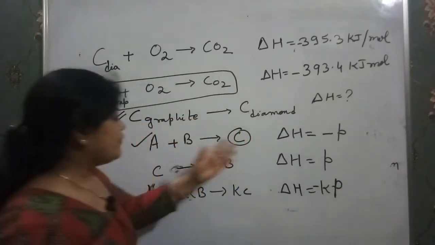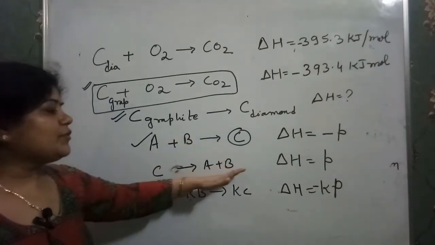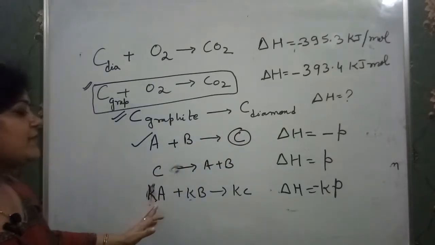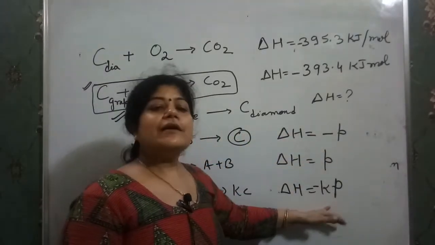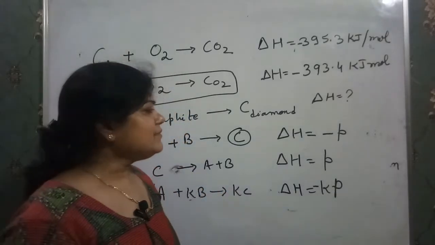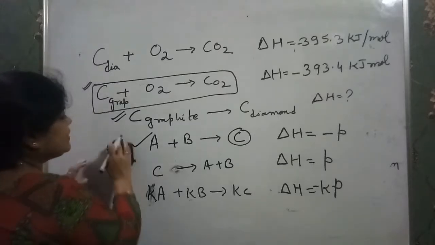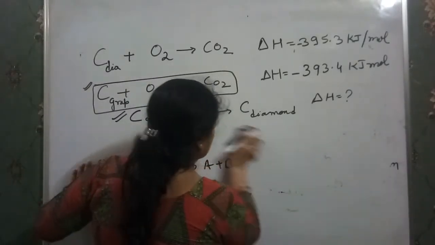Clear? So when we make the product the reactant and the reactant the product, the sign gets changed. If we multiply or divide by any factor, the value of enthalpy gets multiplied or divided by that factor. This is the base by which we calculate all the things. This is a form of Hess's law.